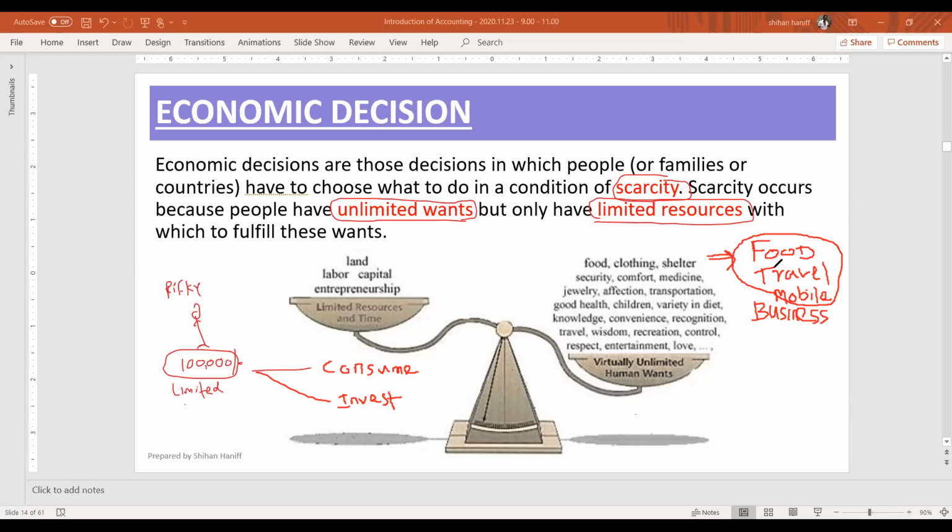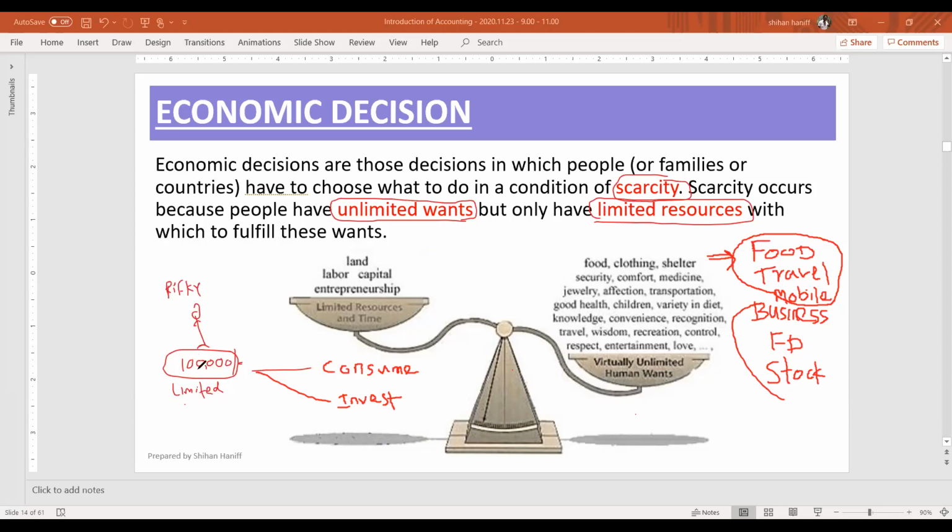He can consume, or invest in a business, or in a fixed deposit or a savings account, or in the Colombo Stock Exchange, buying stocks. These are called investment options.